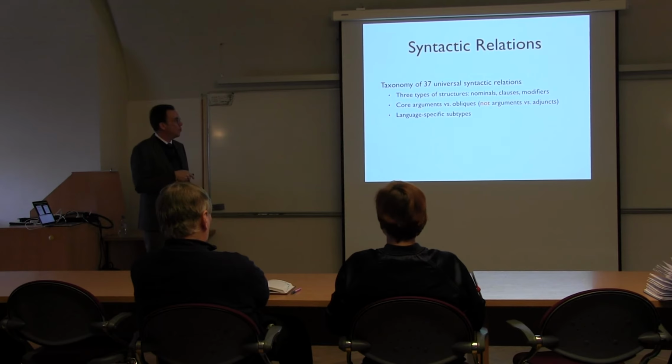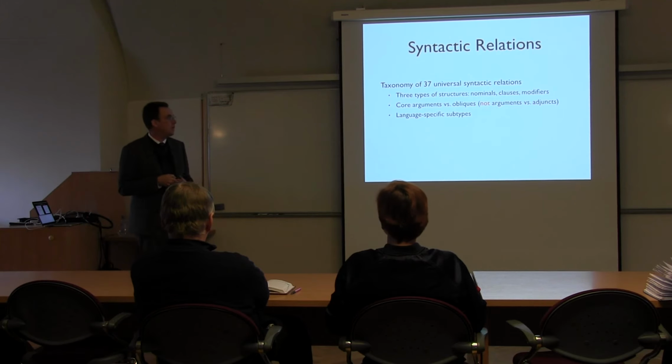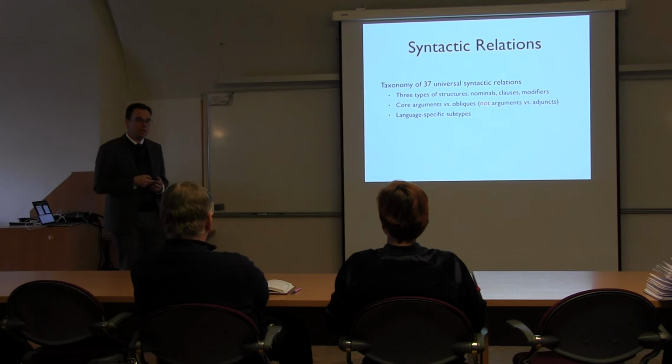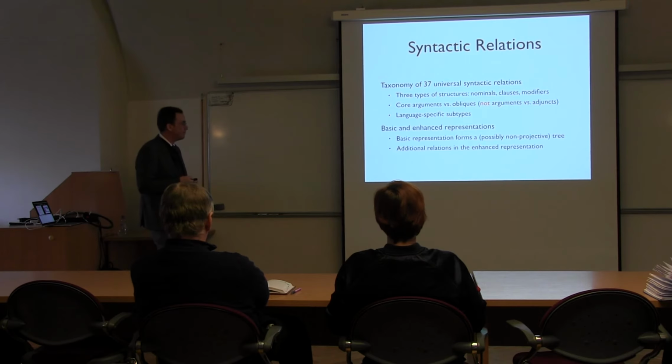This is more about the overt grammatical encoding. We do allow language-specific subtypes, so that the universal relations apply to all languages. That's the idea, but you can have specific subtypes that occur only in some languages.